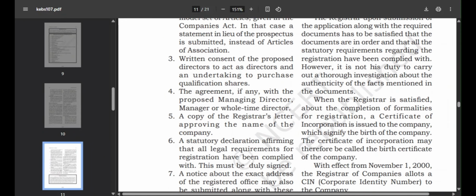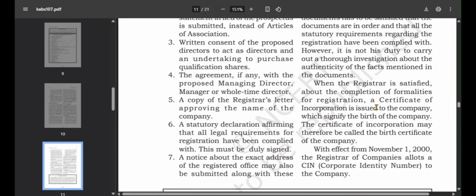Third is written consent of the proposed directors to act as directors and an undertaking to purchase qualification shares. Then fourth, agreement, if any, with the proposed managing directors has to be given. Then a copy of registrar's letter approving name of company, statutory declaration affirming that legal requirements for registration have been complied with and duly signed. Then a notice about exact address of the office has to be submitted.